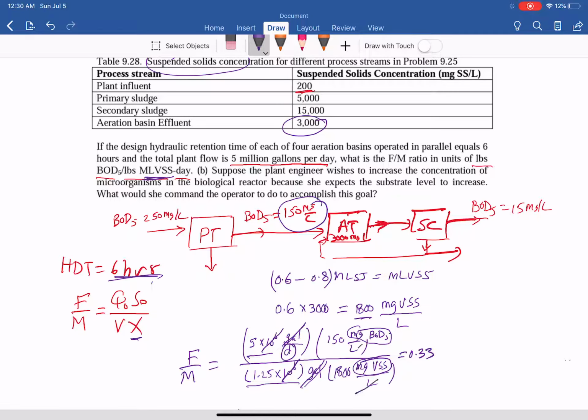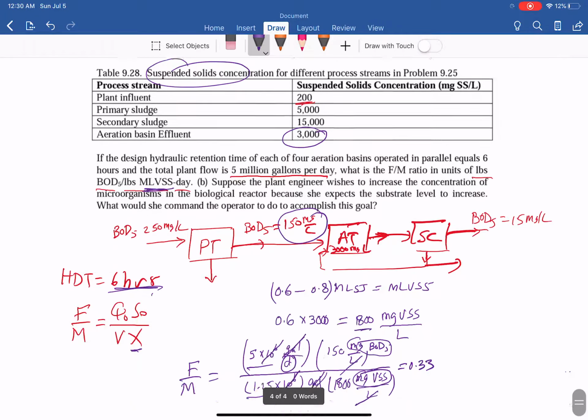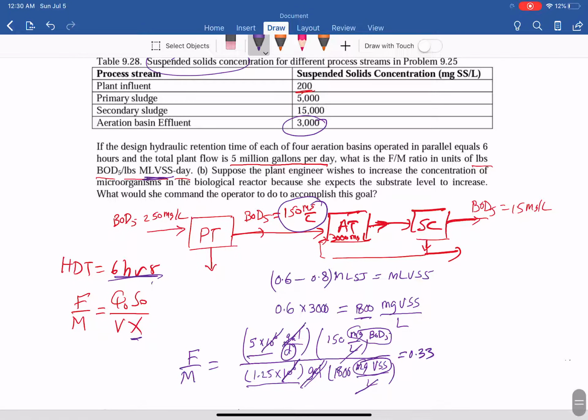Of course, liter with liter is gone. Milligram per milligram is equivalent to pound BOD5, because that's the units we want, over pound MLVSS per day, or kilogram over kilogram. It will cancel out. Okay, so that's the F over M.